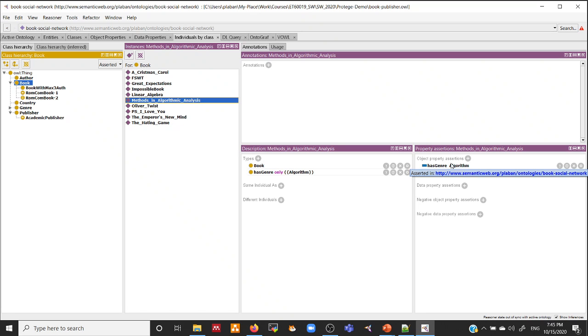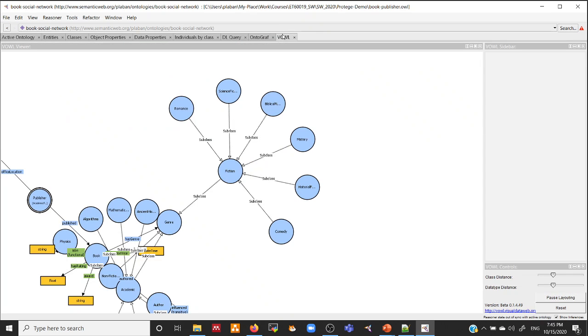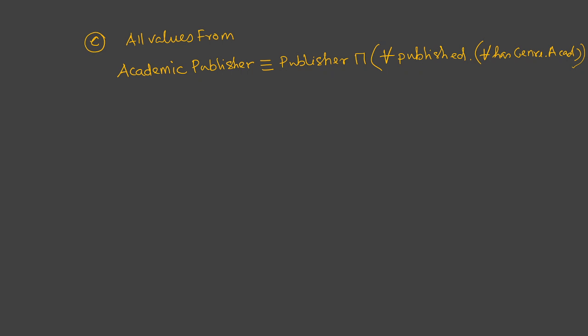So let us try to draw it in the scratchpad. That will make the thing more clear. We should start I think from a little bit left.